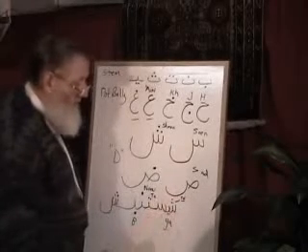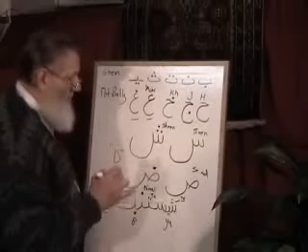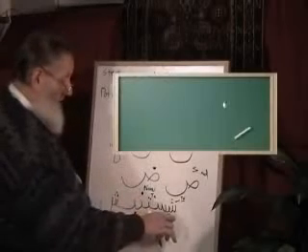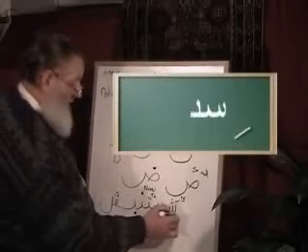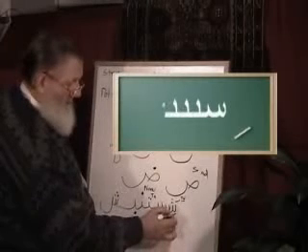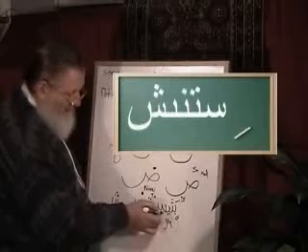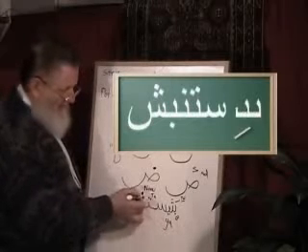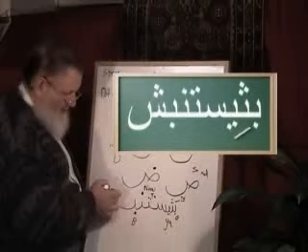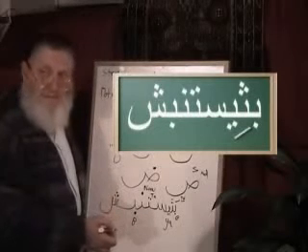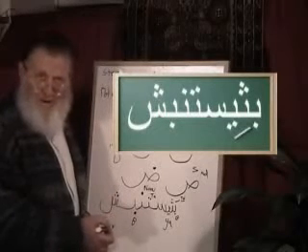Now remember, that's a th sound. So I want to put over here one dot again and say ba, tha, ya, ta, na, ba, sha. And that doesn't spell anything in the world, so don't worry about it.